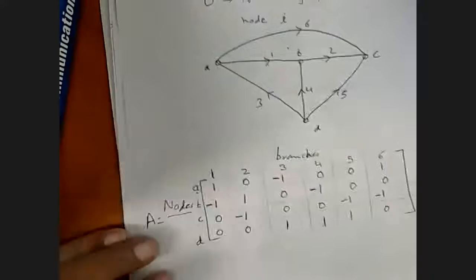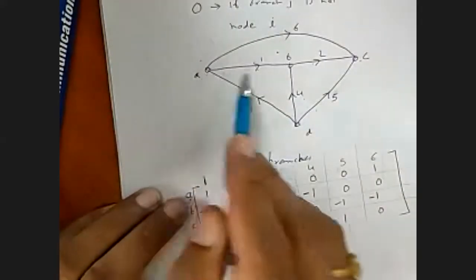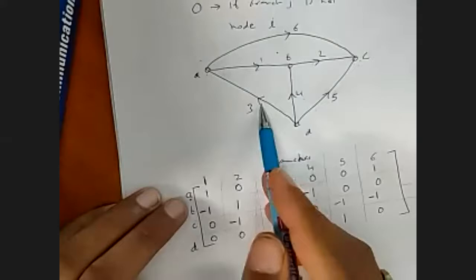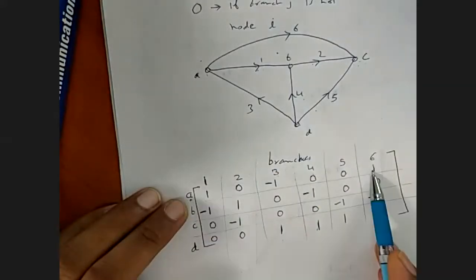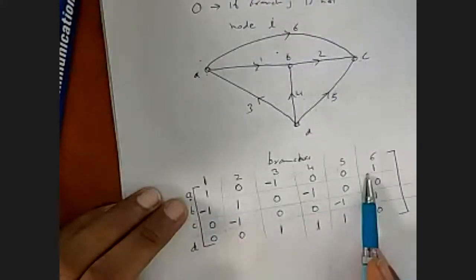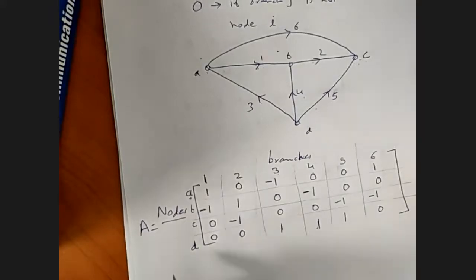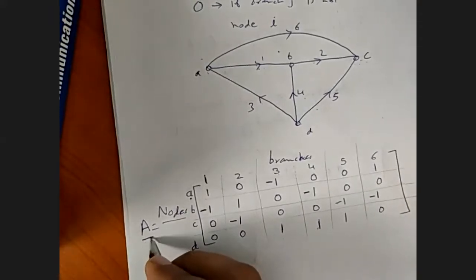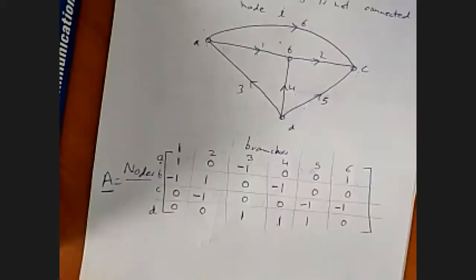Second, you check at node A. We have branches 1, 3 and 6. 1 and 6 are outgoing and 3 is incoming. So you can check like this. This is how we find the incidence matrix A. If anyone has any confusion in this, take a look once.